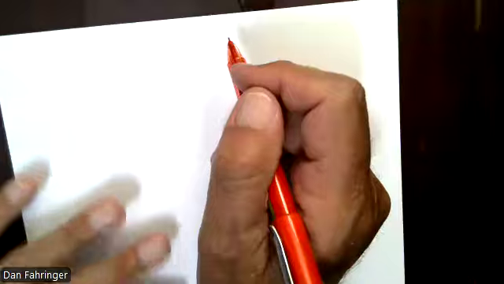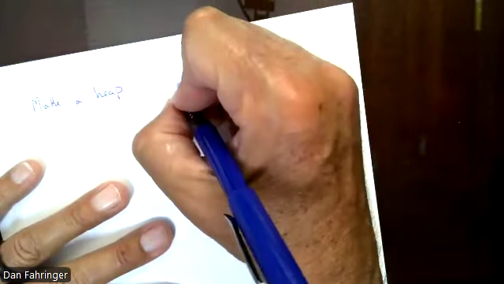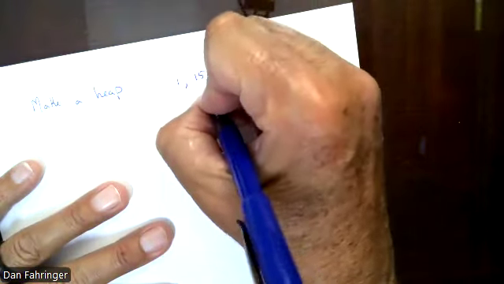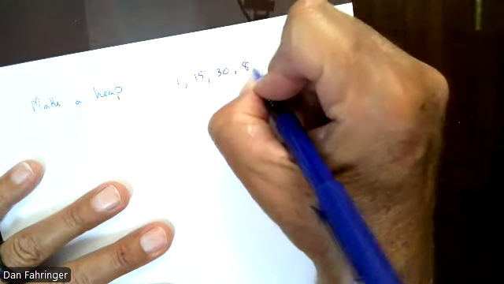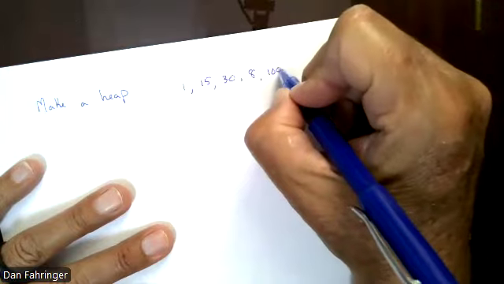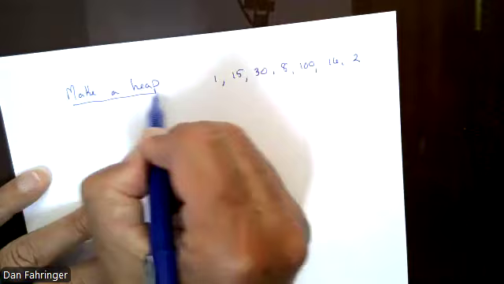I'm going to put you in groups. You are going to make a heap with the list of numbers 1, 15, 30, 8, 100, 16, and 2. You're going to make a heap.